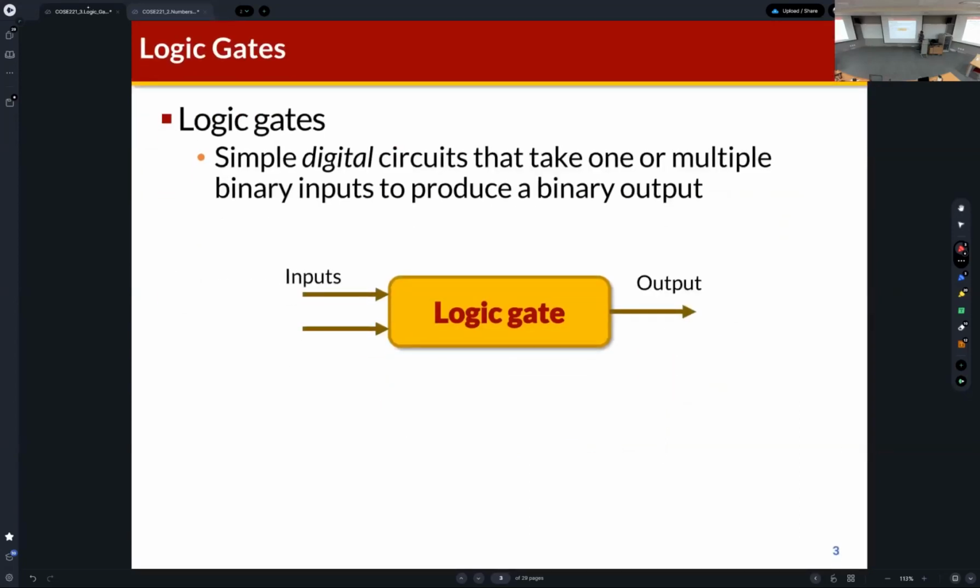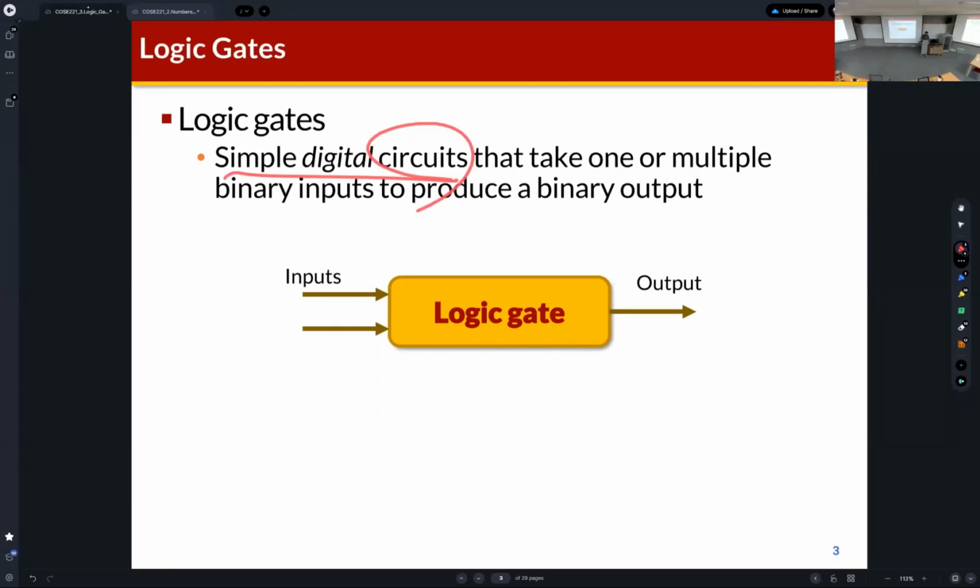Then we will learn about the logic gate. So what is the logic gate? A logic gate is a simple digital circuit. But this simple digital circuit receives one or multiple binary inputs and then generates the binary output.